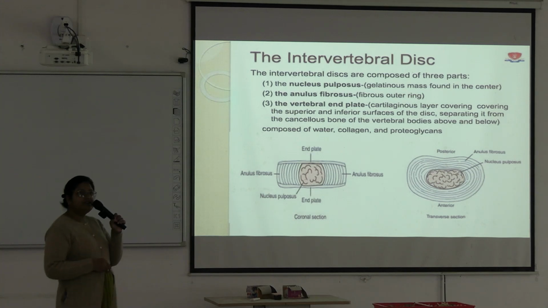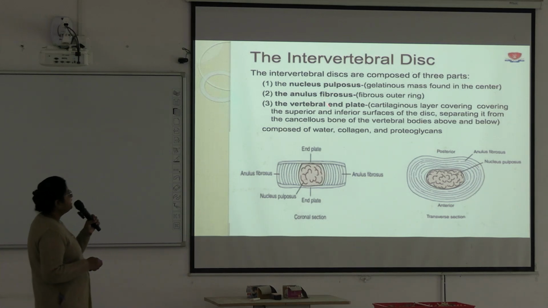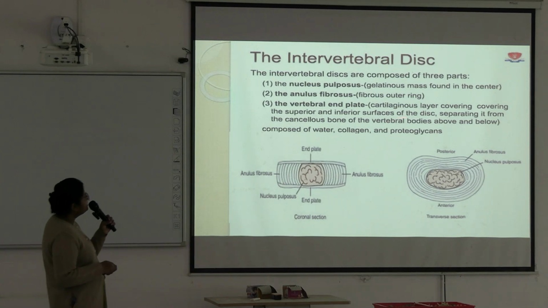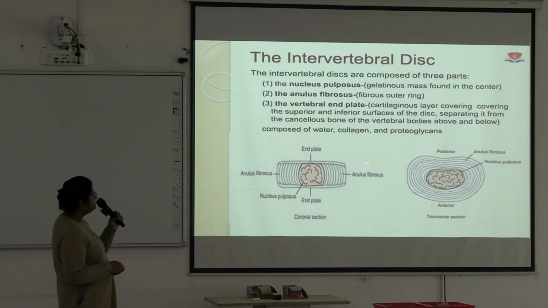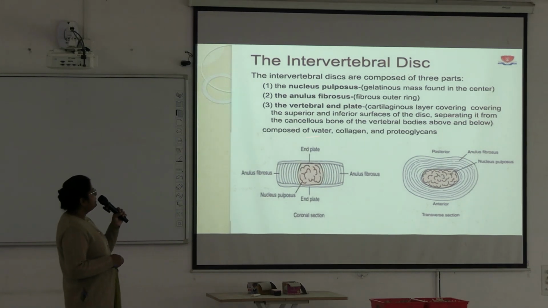Surrounding the nucleus pulposus is the annulus fibrosus, the outer fibrous ring, and the vertebral end plate, a cartilaginous layer on the two sides. These end plates are a cartilaginous layer covering the superior and inferior surfaces of the disc, separating it from the cancellous bone of the vertebral body above and below, and composed of water, collagen and proteoglycan. So these are the three parts of the intervertebral disc.